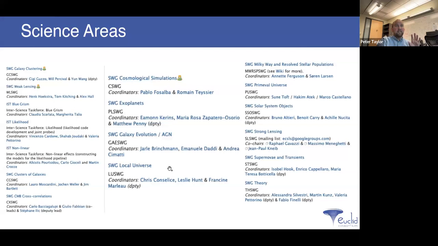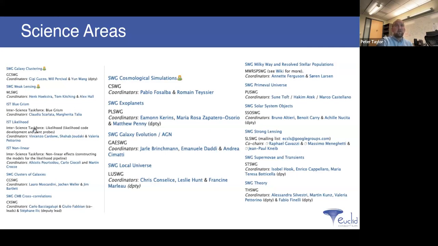I wanted to highlight a few of these. So first of all, we have the IST likelihood, and this group is building a pipeline to turn those high-level data products like power spectra and correlation functions into cosmological parameter constraints.